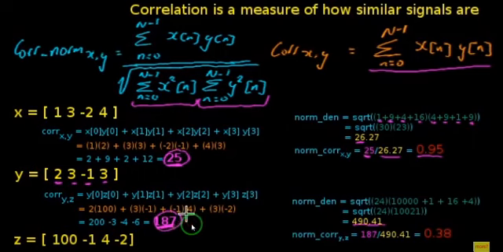Well, if I do the same for y and z, we had the 187 here, and within the denominator for these two signals I will reach the number 490, and the division of 187 by 490 will give us the final result of 0.38, which is far from 1 compared to the 0.95, because these two functions are not behaving as similarly as these two signals.